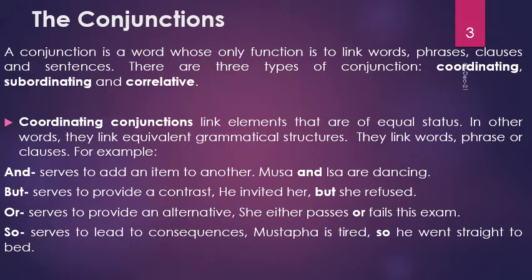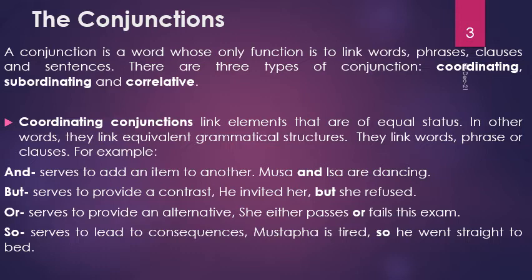The next word class is the conjunctions. A conjunction is a word whose only function is to link words, phrases, clauses, and sentences. There are three types of conjunctions, namely coordinating conjunction, subordinating conjunction, and correlative conjunction.